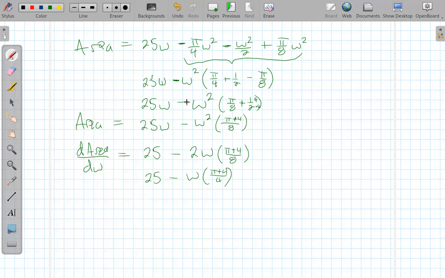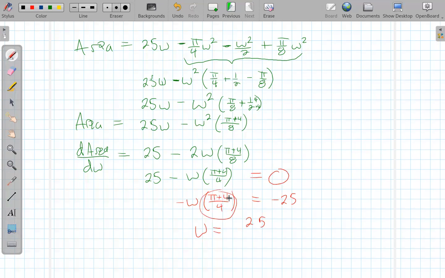And set it equal to 0. Find a critical value. Add the 25, or I guess subtract the 25 to the other side. So we get negative W equals negative 25. And then we're going to have to divide by this and the negative. So that W equals negative over negative is a positive 25.